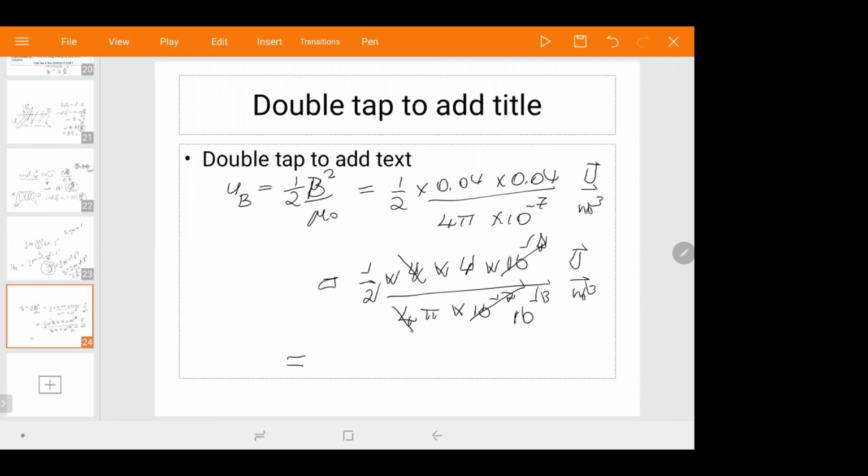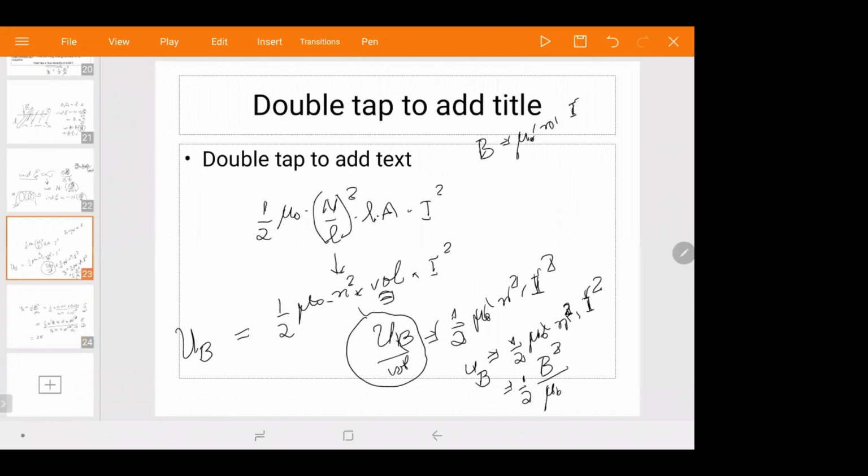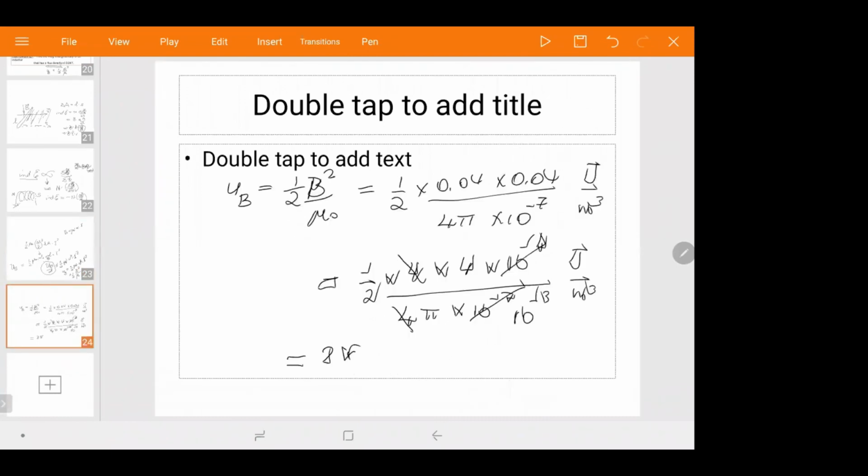So you get 2 times, oh my God. Can I erase this? All right, it's my mistake actually. By 2, 1, by 2, 2, times 1 over pi, times 10 to the power of positive 3.